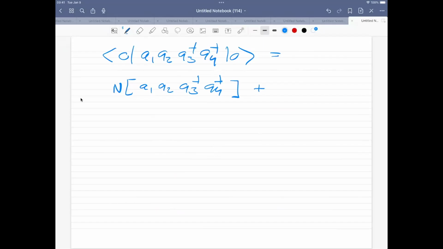So that means that we will get a contraction, and now we write this in a more compact way. You would typically skip the vacuum states, so we would write this as an A1, A2, A3 dagger, A4, and we would have one contraction of this type, which is us just interchanging the two operators using the anti-commutation rules.